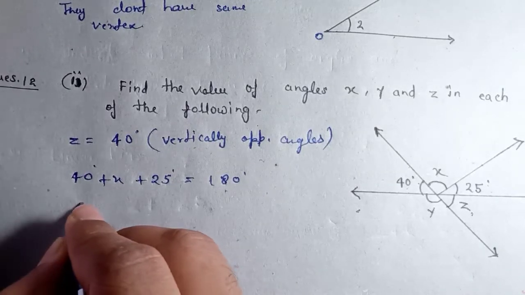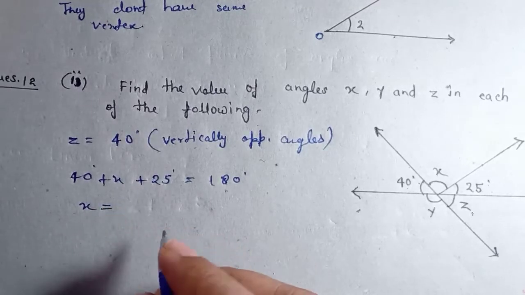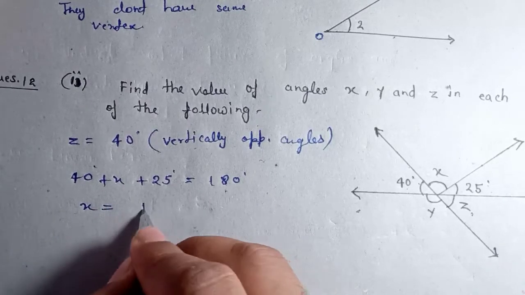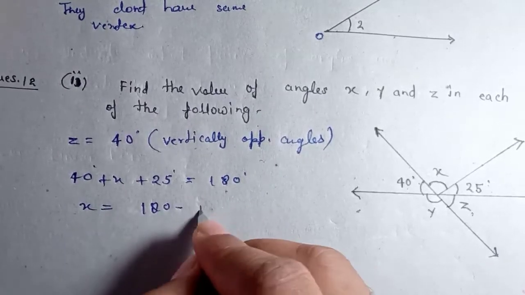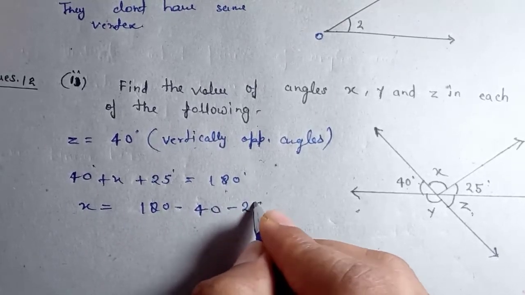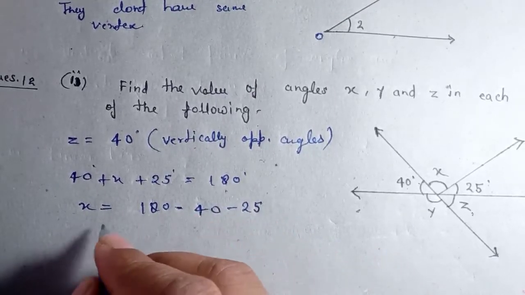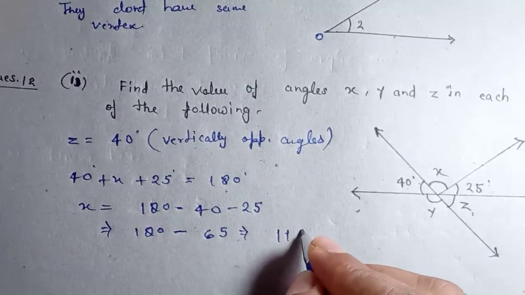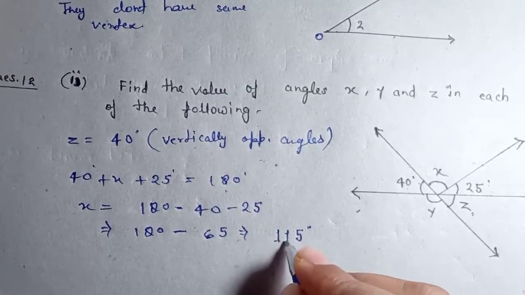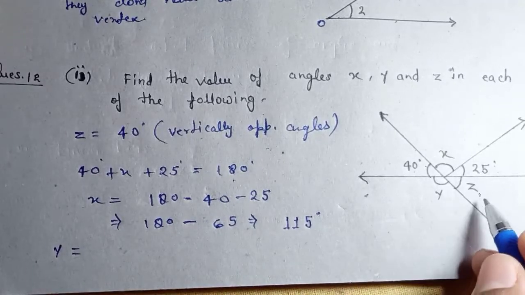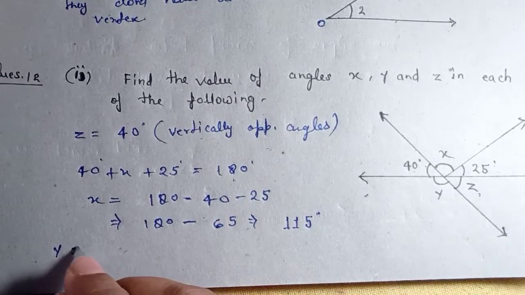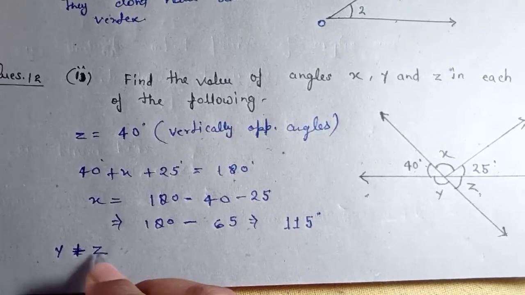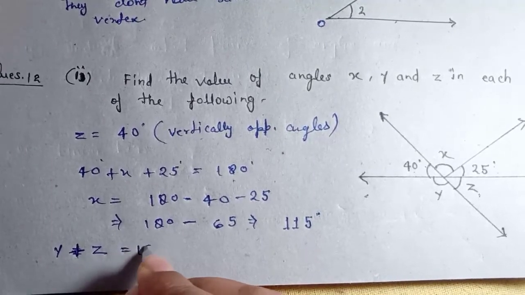So x is equal to 180 minus 40 minus 25 and your answer is 115 degree.